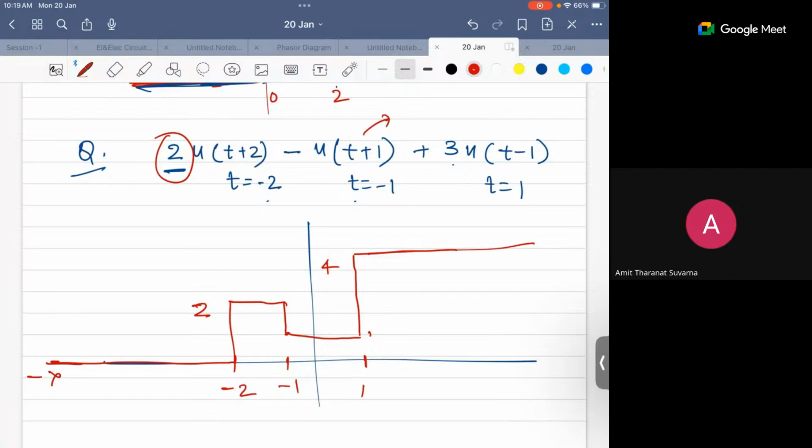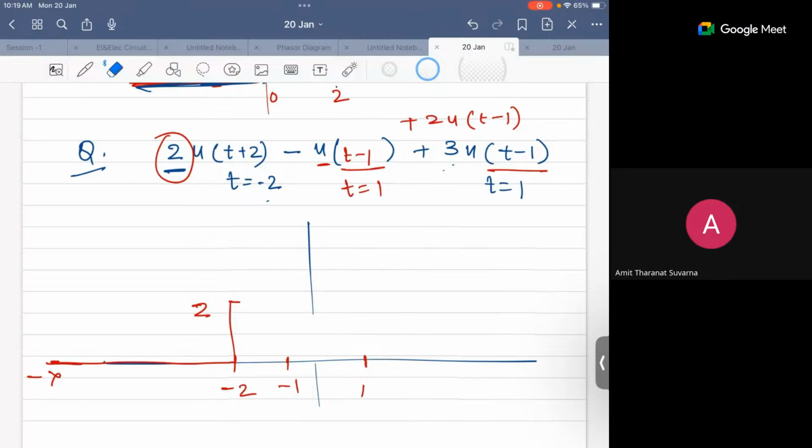If the function is t minus 1, then it will be t equal to plus 1, right? There also, this is t equals plus 1, so there won't be any drop as such till t equals 1. But you can see that minus 1 and plus 1, both are the same function, right? So you'll be left with 2 of u of t minus 1. So how will the graph appear, sir?